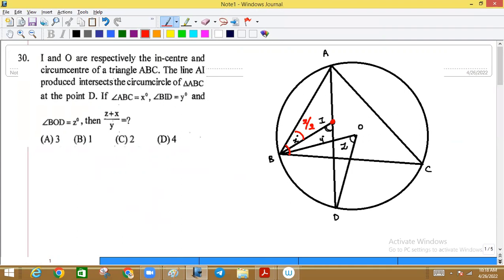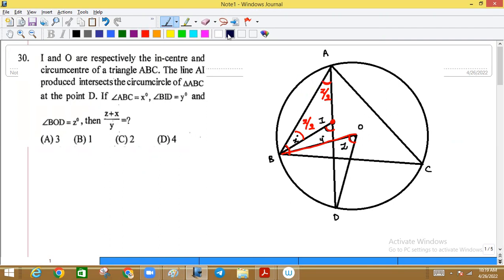Because it is an internal angular bisector. Now this exterior angle is y. Angle at the circumcenter is z, which means the angle at the remaining part is z by 2, since the angle at the center is always double the angle at the remaining part.